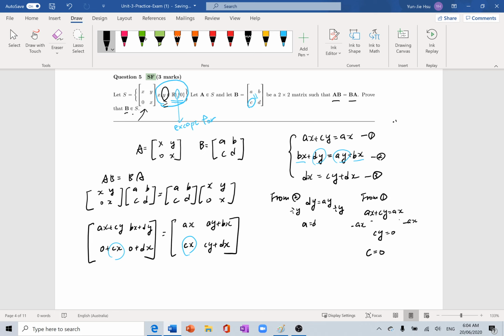So we get a equal d, c equals 0. Okay, that will be proved. Therefore, you can write down B as [a, b; 0, a].